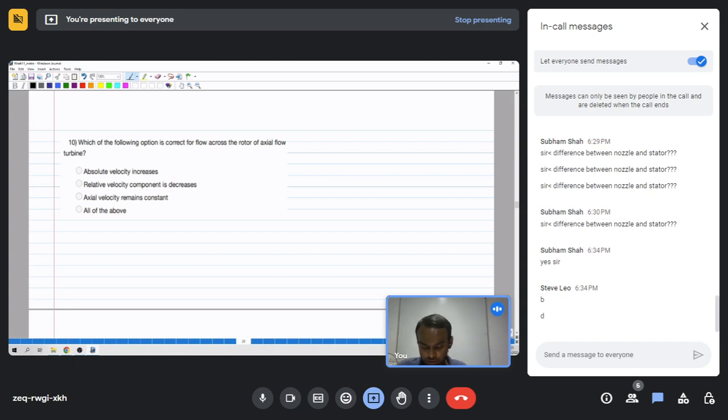So answer is axial velocity remains constant. It seems like these two are right. Absolute velocity. So it should be all of the above.